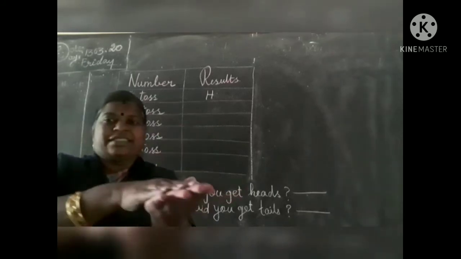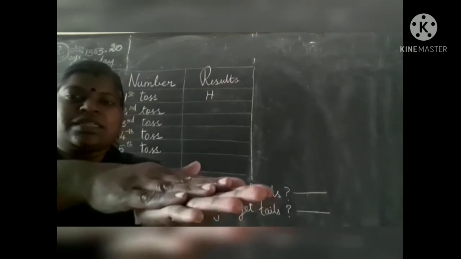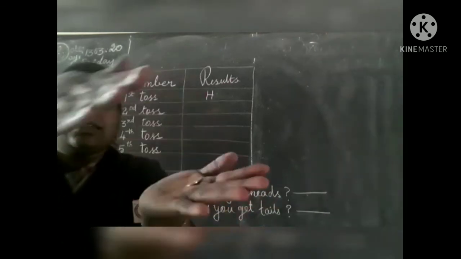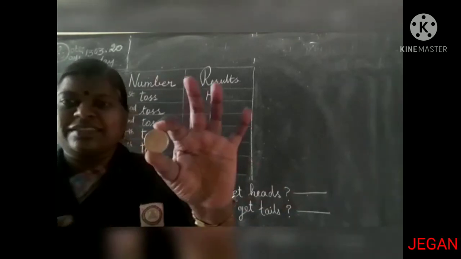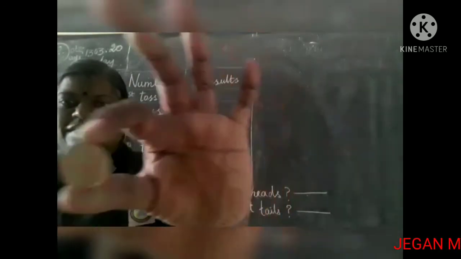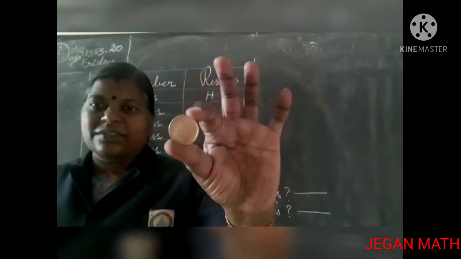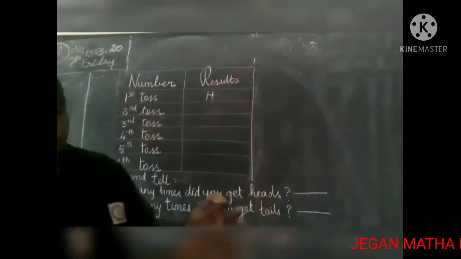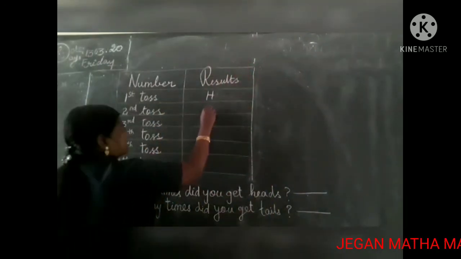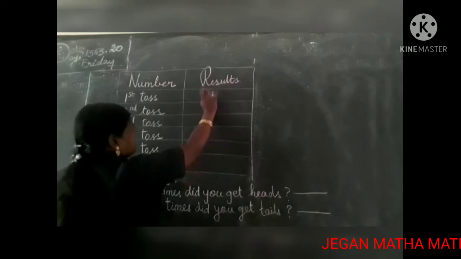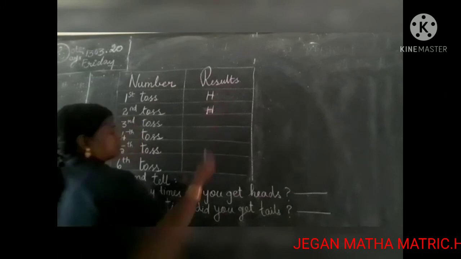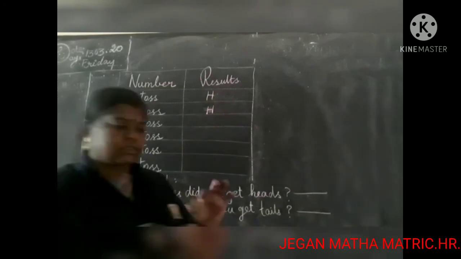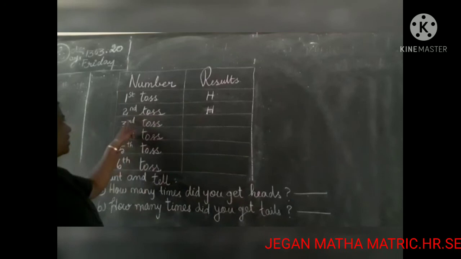Now the second task. I am going to open my hand. See here, this time also head. So I write here the second time also H. Then the third task.